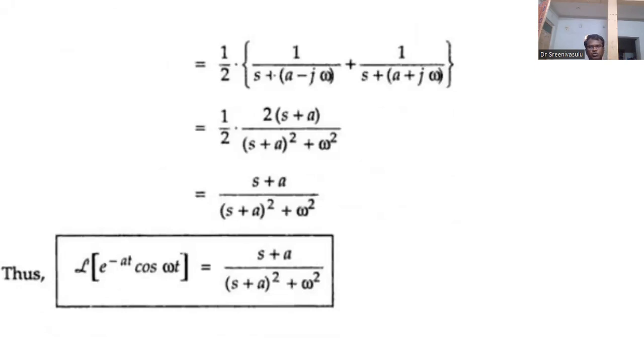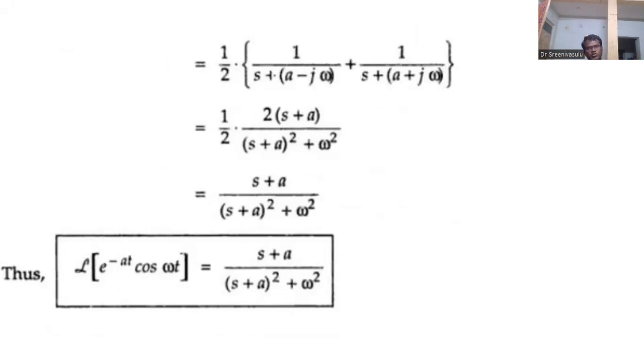Always you don't forget about this ROC. What is the ROC? We have a pole at S equal to minus a plus j omega.